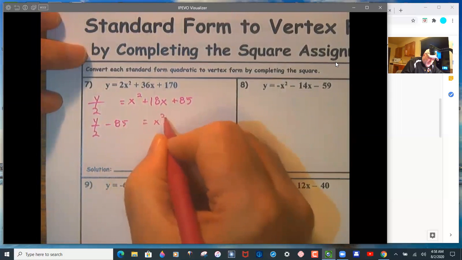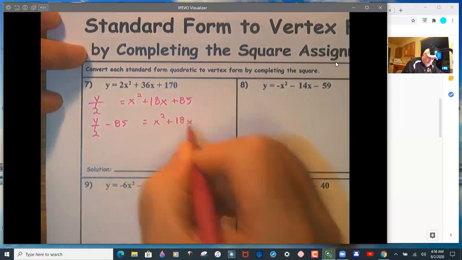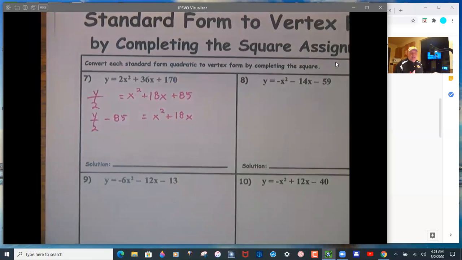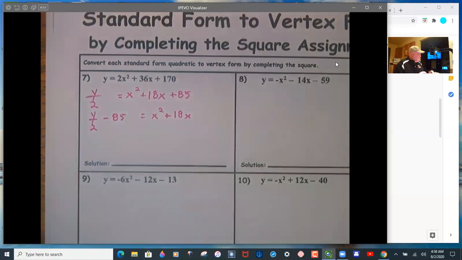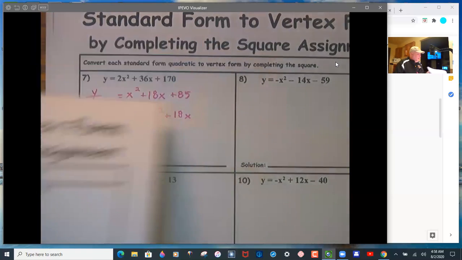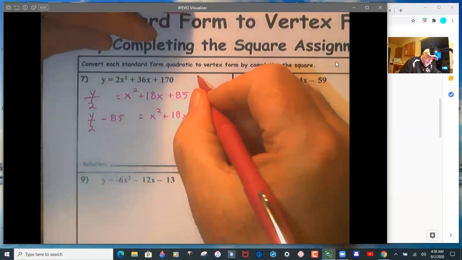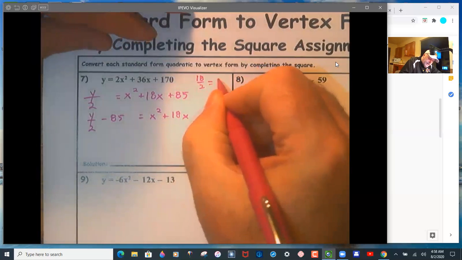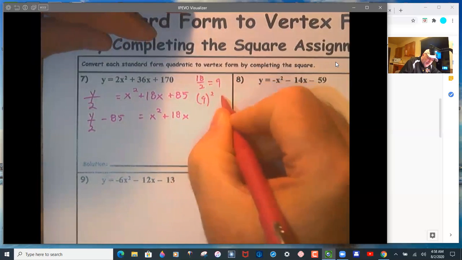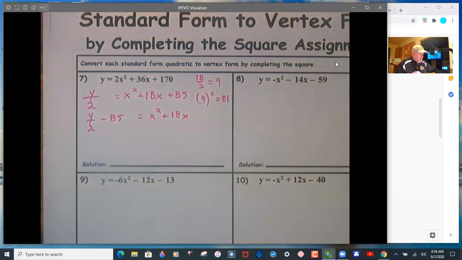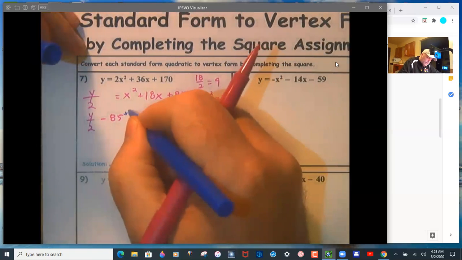Kind of leave a little space there to add on the completing of the square. Okay, so from here, we're going to take 18 over 2. That's 9. And so then we're going to square 9 as 81. So 81 is what gets added in to both sides here.